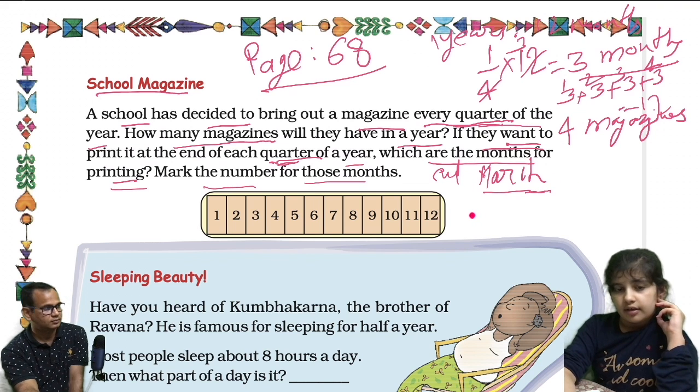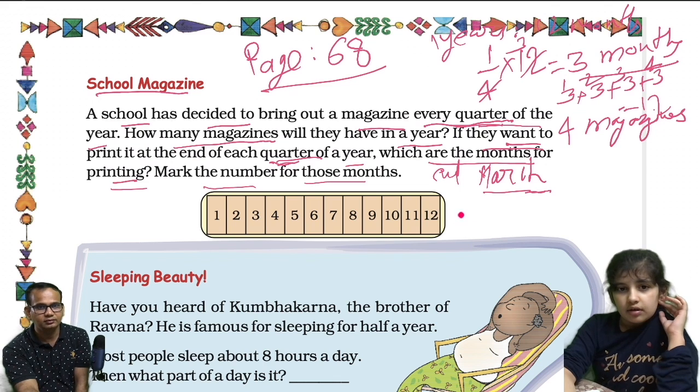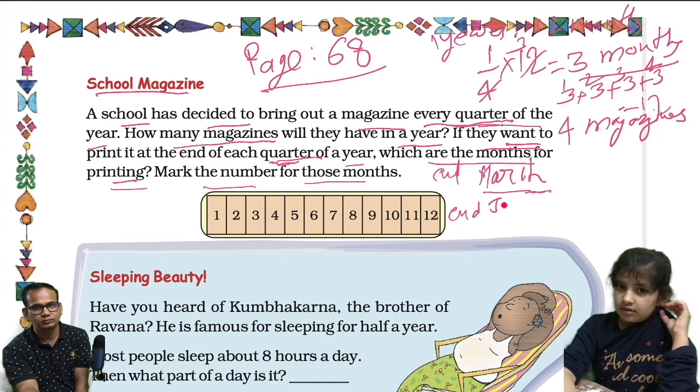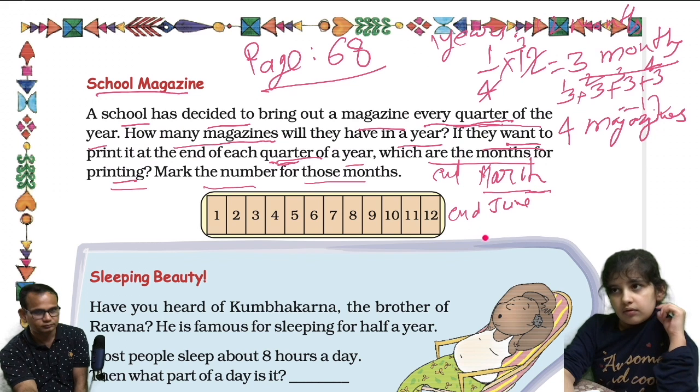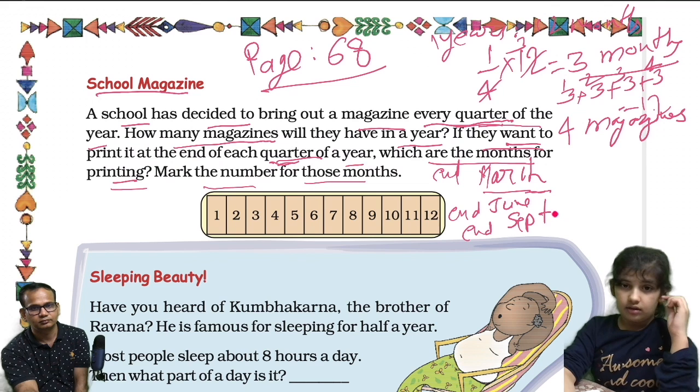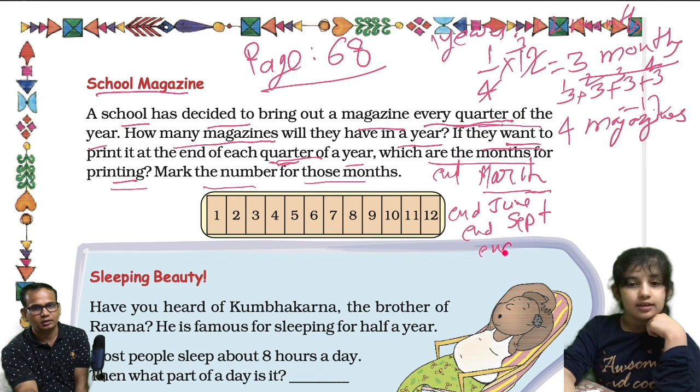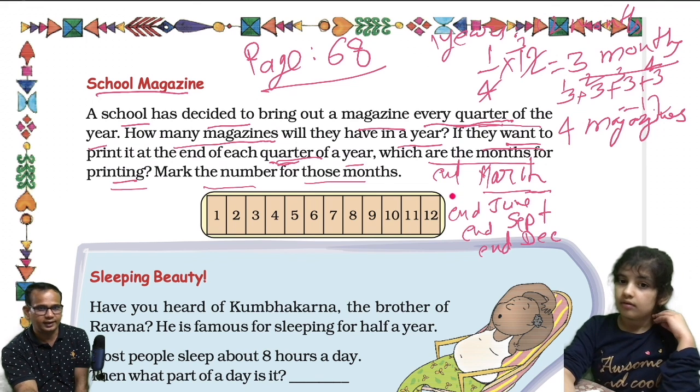And then next June end, then September end, then December end. Like this they can print.